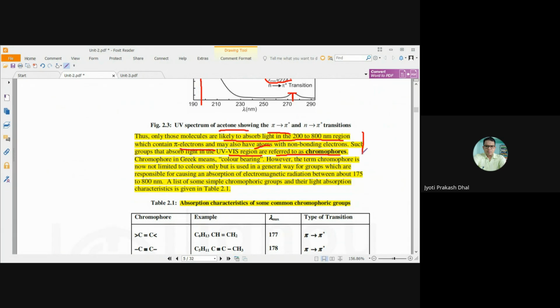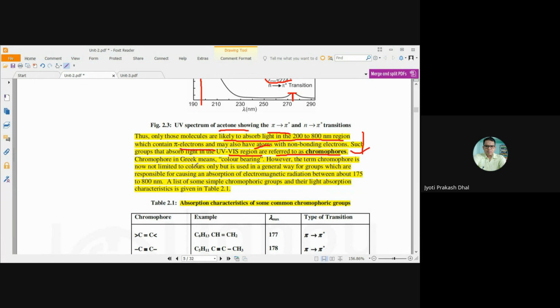Which organic molecule will absorb within this region? The organic molecule which contains pi electrons, that means a pi bond, and also non-bonding electrons, that means nitrogen, oxygen, sulfur or halogen atoms. Then there is a possibility that the organic molecule will absorb electromagnetic radiation within 200 to 800 nanometer, and these molecules are called chromophores.